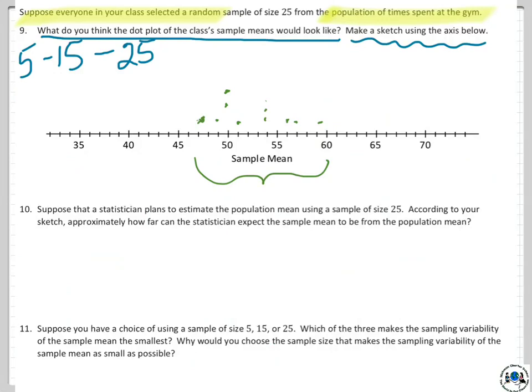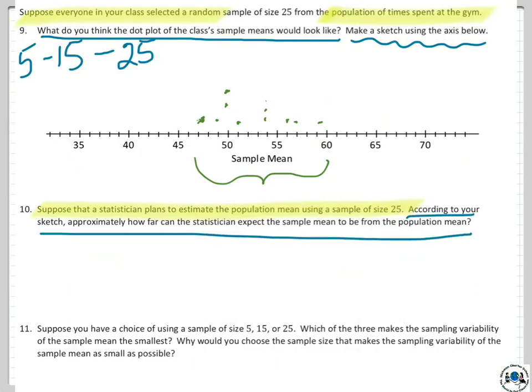So suppose a statistician plans to estimate the population mean using a sample size of 25. According to your sketch, approximately how far would the statistician expect to be from the mean? Well, we don't have to guess something like that. What we do know is that at a sample size of 15, we had a mean distance away from the mean of 6.85 minutes.